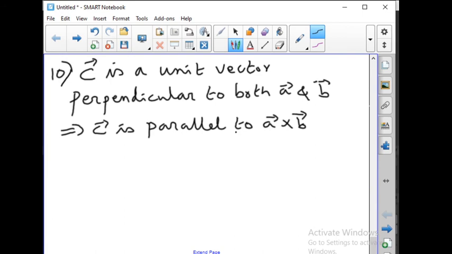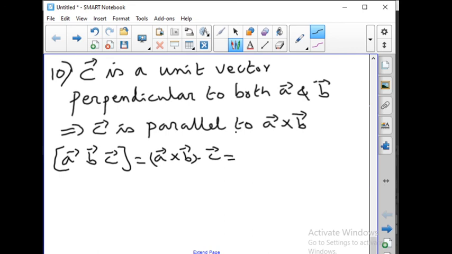So, because they are parallel, we consider now the box product of A vector, B vector and C vector. By definition, we can write this as A vector cross B vector dot C vector. Now this is equal to, by definition of the dot product, modulus of A cross B into modulus of C vector into cos pi or cos 0.